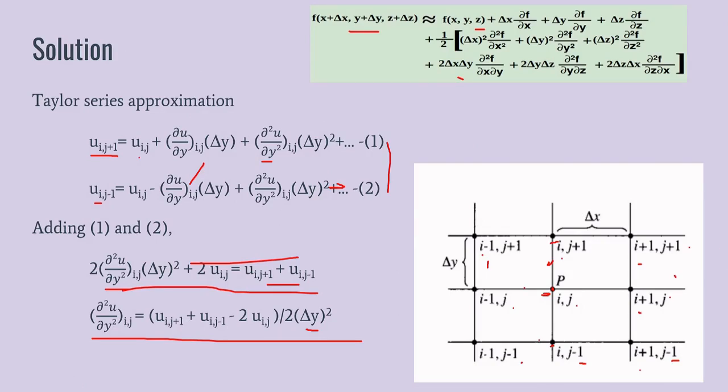Suppose you have a geometry and you need the geometrical properties. This delta x and delta y comes from the geometrical properties. Take the example of a rectangular duct. You have a rectangular two-dimensional space being divided into small cells.